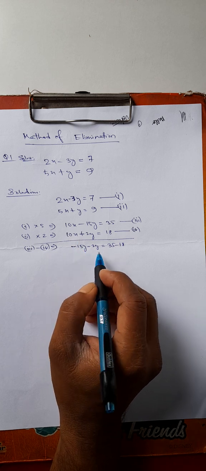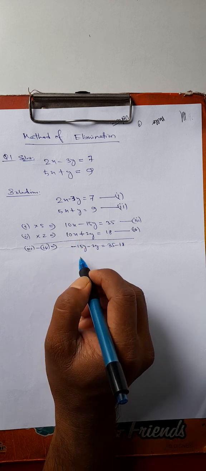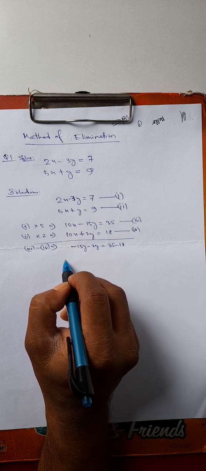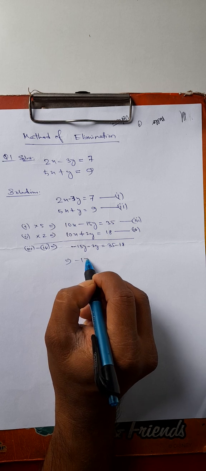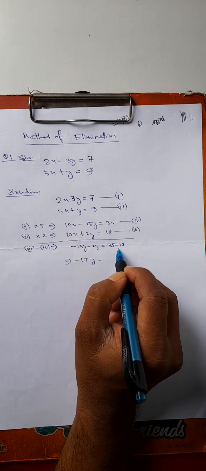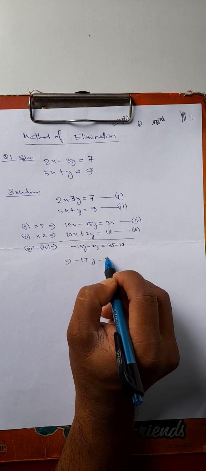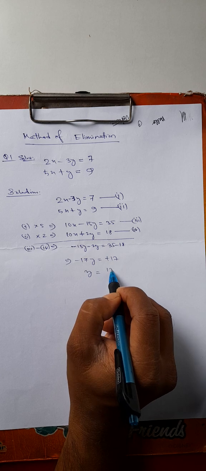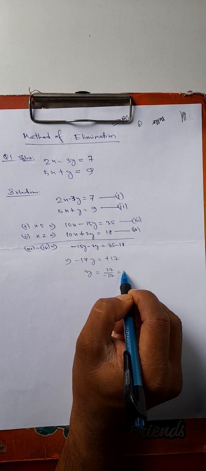So it becomes a linear equation in only one variable, that is variable y. So you can solve it easily. Minus 17y equal to 17. So y equal to 17 divided by minus 17, answer is minus 1.